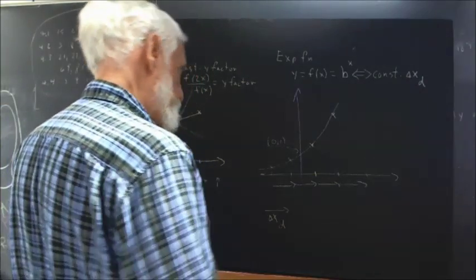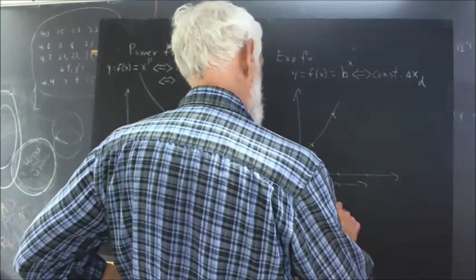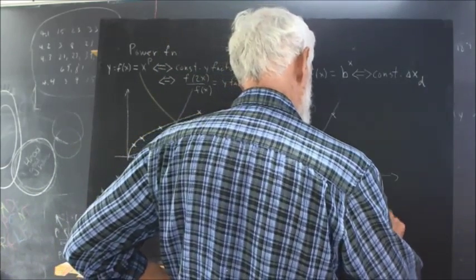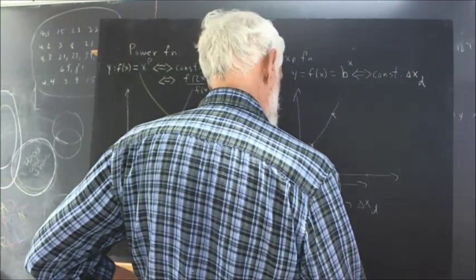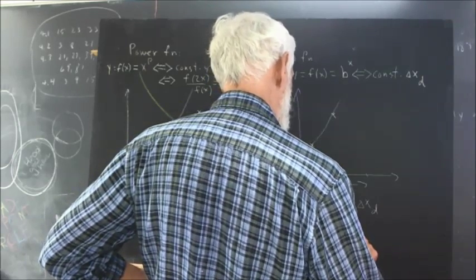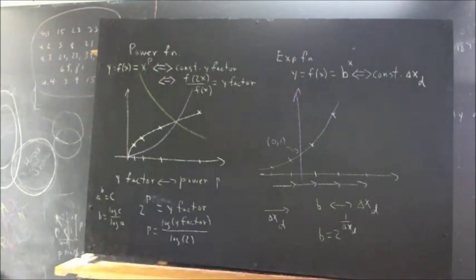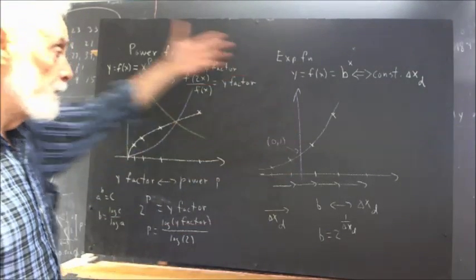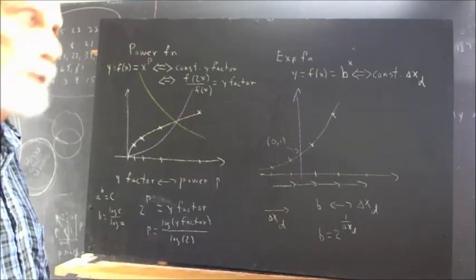Now, base b is related to the doubling displacement delta x sub d, in that b equals 2 to the 1 over delta x sub d. We developed this relationship, and we understand hopefully where it came from. So right there is a synopsis of the most basic things that we know about these two functions.